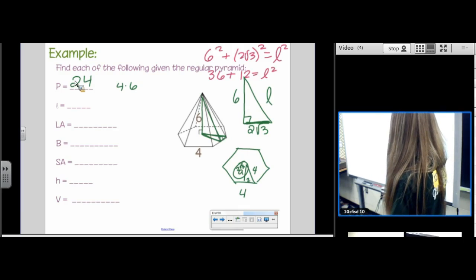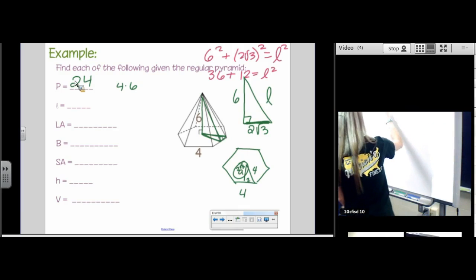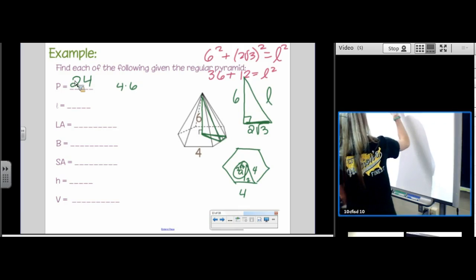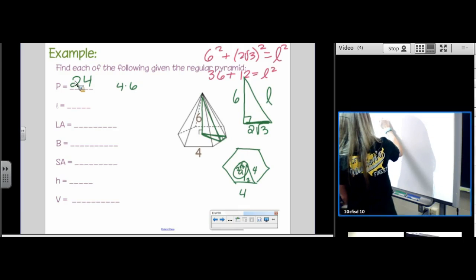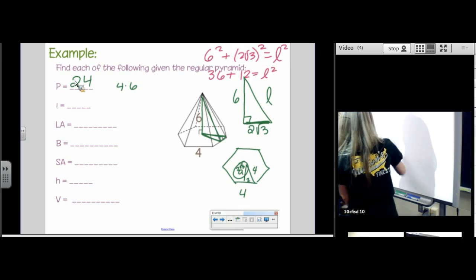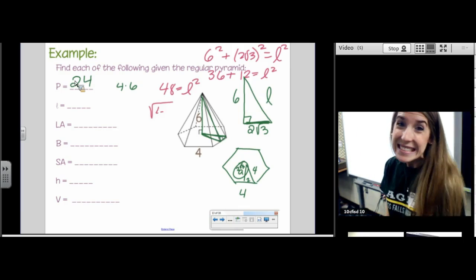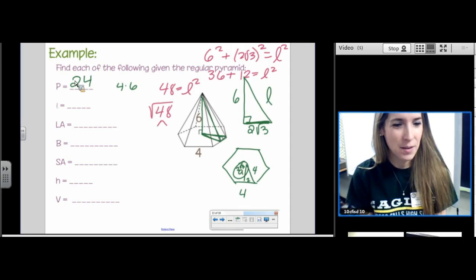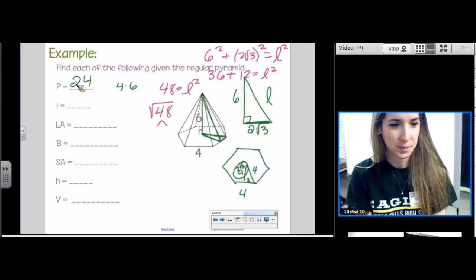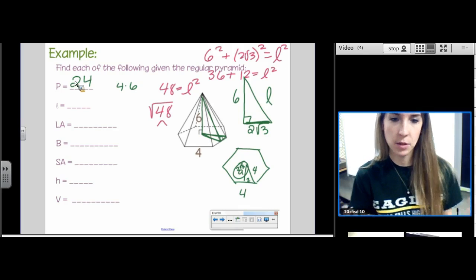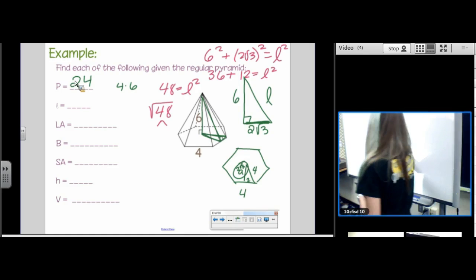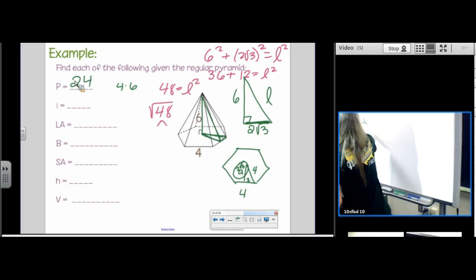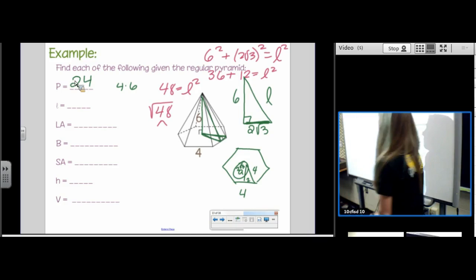So we have 48 equals slant height squared. How do you undo squaring something? You square root it. So it's the square root of 48. And what does that reduce to? 48 is 16 times 3. 16 is a perfect square. It's 4. So the slant height is 4√3.